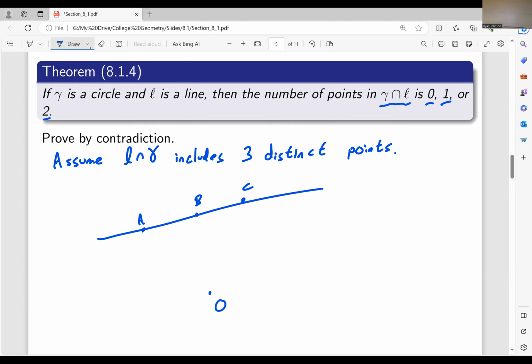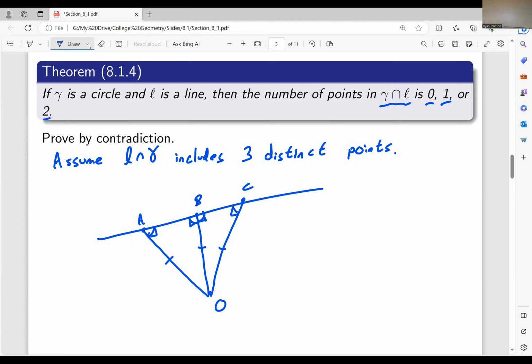I just know that all of these are the same distance, hence they're congruent line segments, hence I have isosceles triangles. But these are a linear pair, and so that makes them 90 degrees, and they're isosceles, so that's 90 degrees. And all of a sudden, I've got triangles that have angles adding up to greater than 180. Contradiction. Okay.